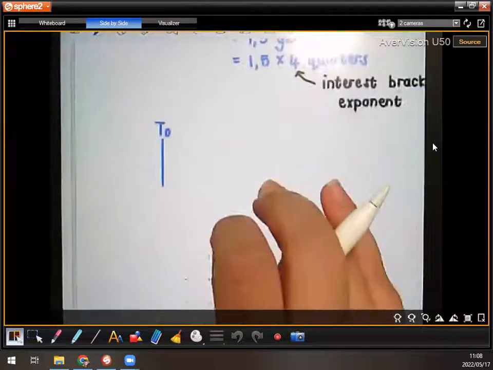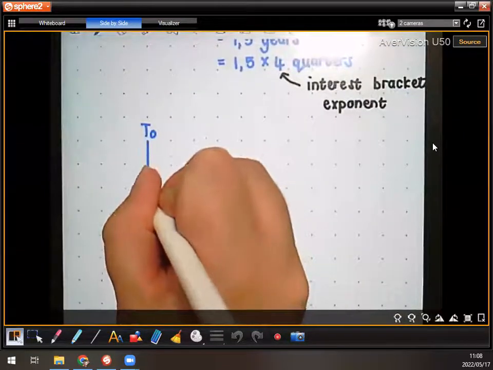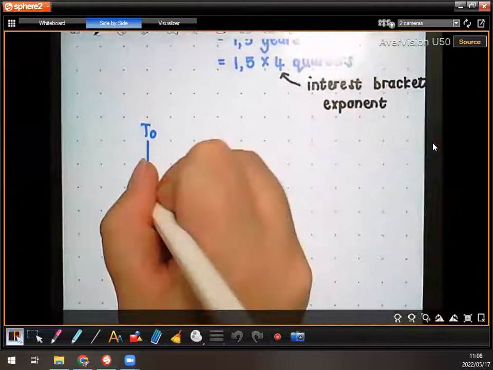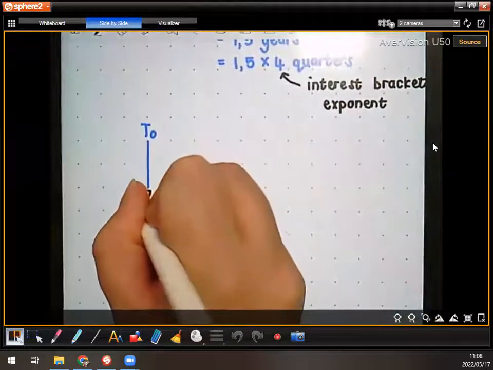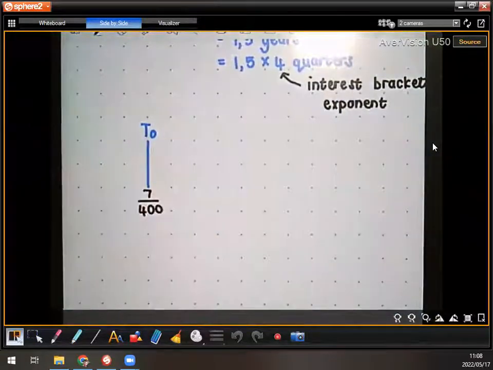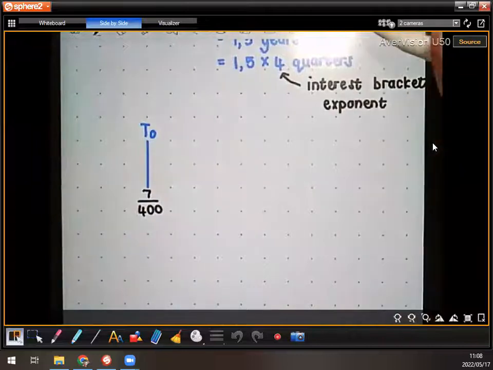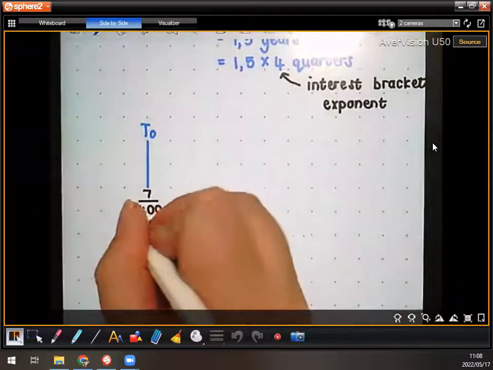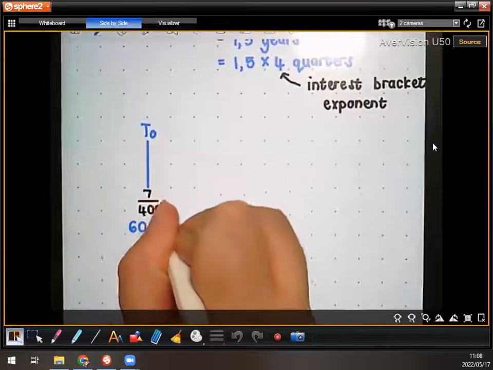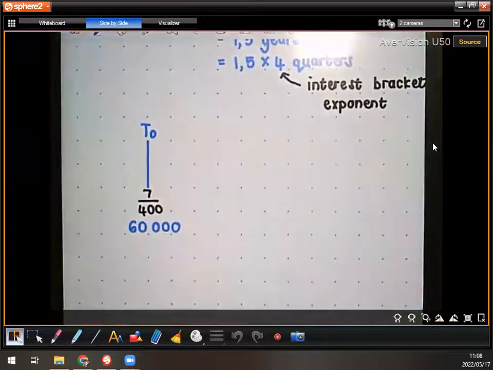So I'm going to write that as 7 over 400. And at T0, I invested 60,000. We'll fill in our arrows and the rest of the stuff just now.